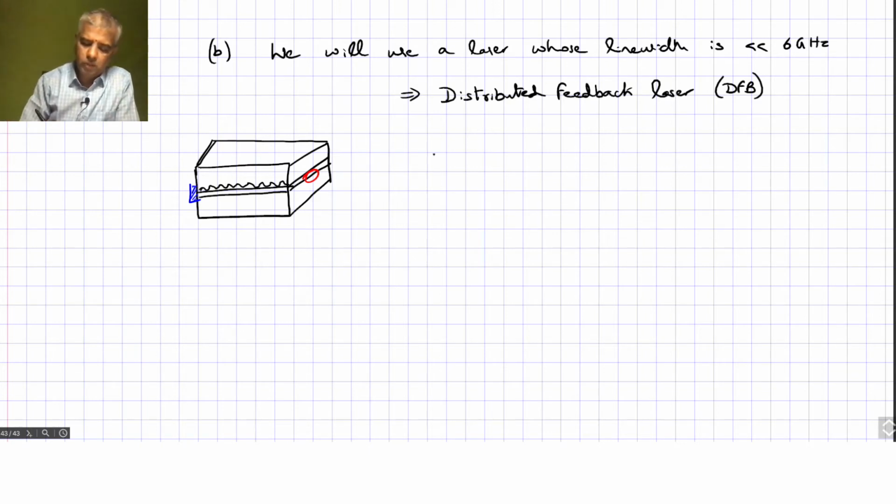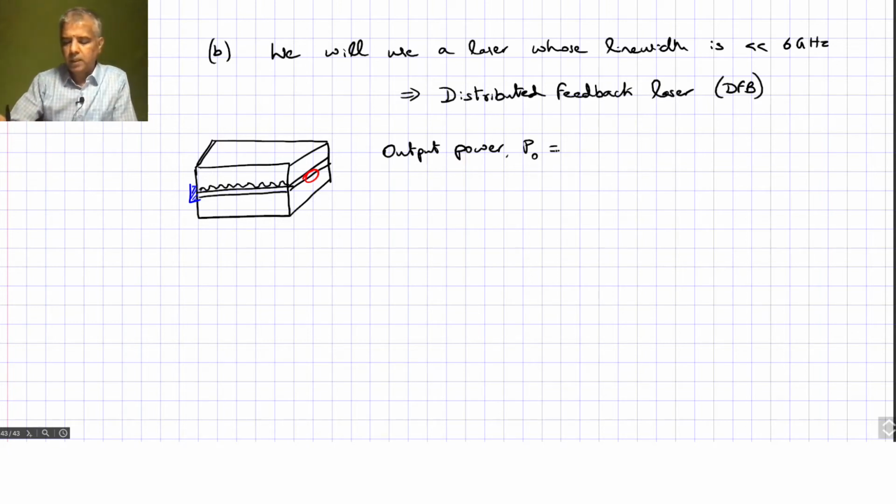Now, when it comes to the output power from such a structure, we saw that the output power is determined by the rate at which carriers are injected into that structure, and what matters is the number of carriers that you inject beyond a certain threshold value. That is what contributes to stimulated emission in the cavity.